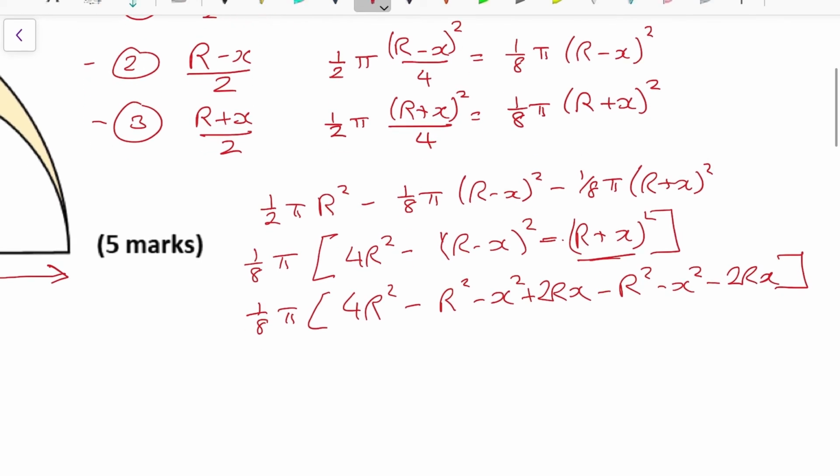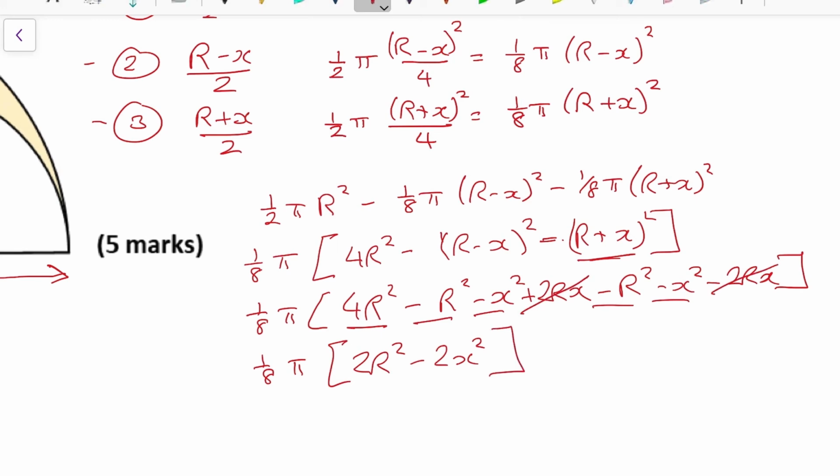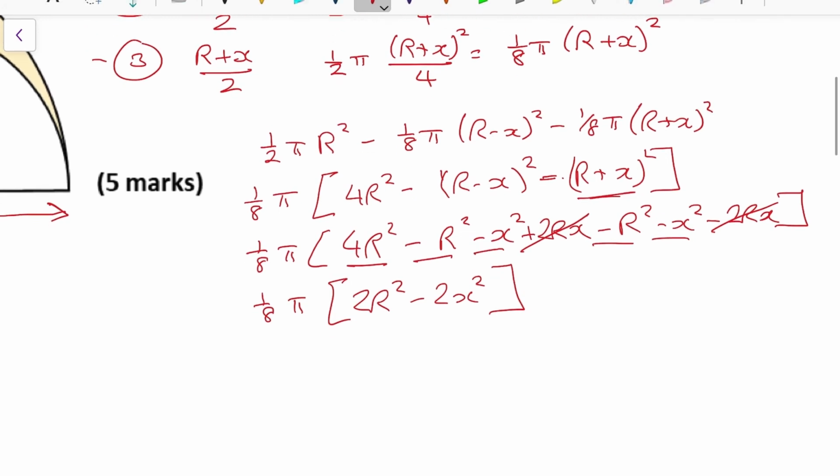Then start collecting terms, so I've got an 1/8 times pi, 4r squared minus r squared is 2r squared, minus x squared is minus 2x squared. I've got a 2rx minus a 2rx which cancels out, and that leaves me with this.